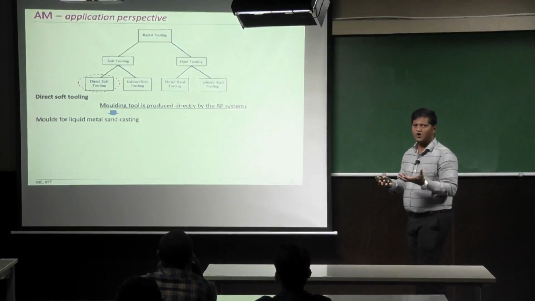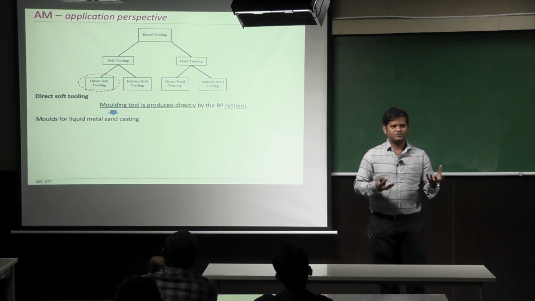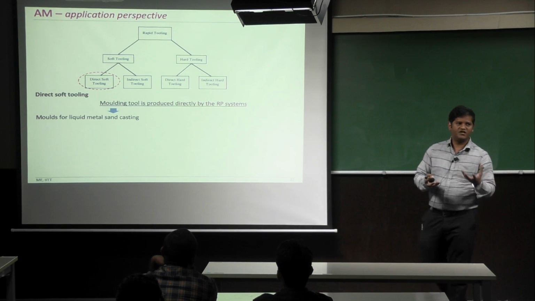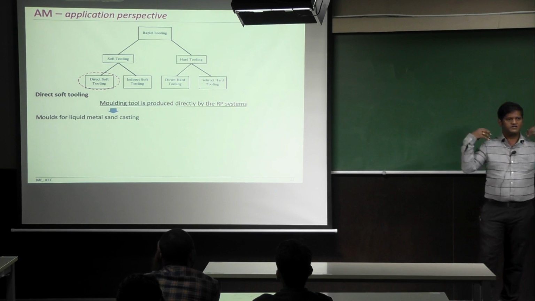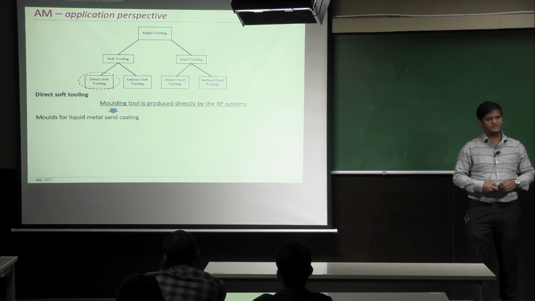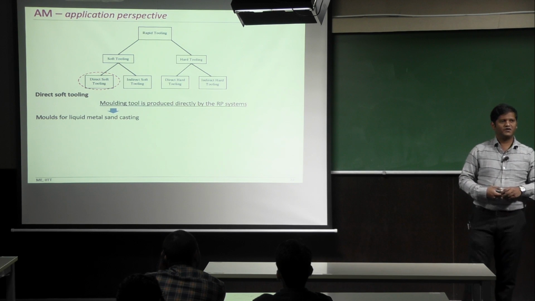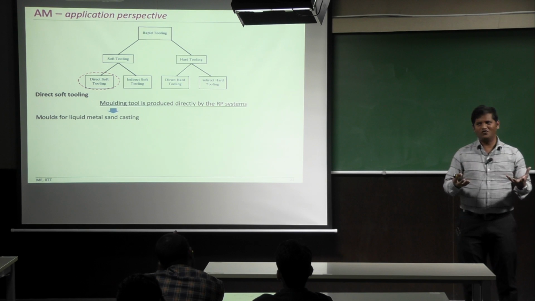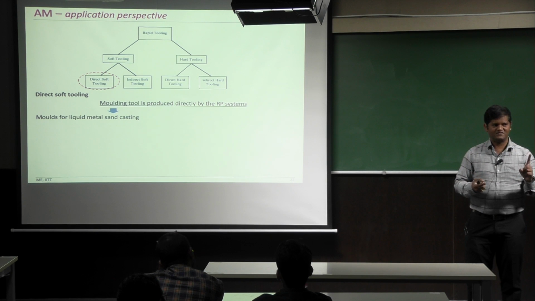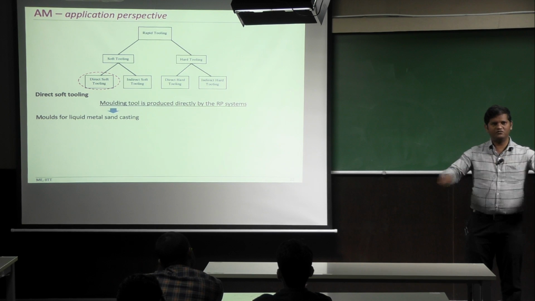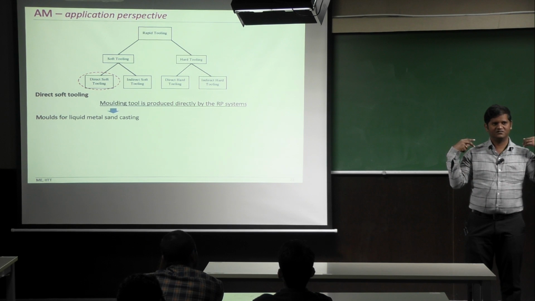The complex molds, complex cores and gating system can be 3D printed and comfortably used directly to manufacture the complex components. However, once you make that mold, we use it only once. Once the component is made, you need to break it and take the component out, right?